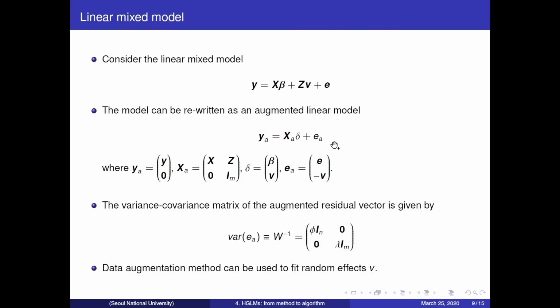The variance-covariance matrix of the augmented residual vector is given by the variance of ea, which is W inverse. And the data augmentation method can be used to fit the random effects v.